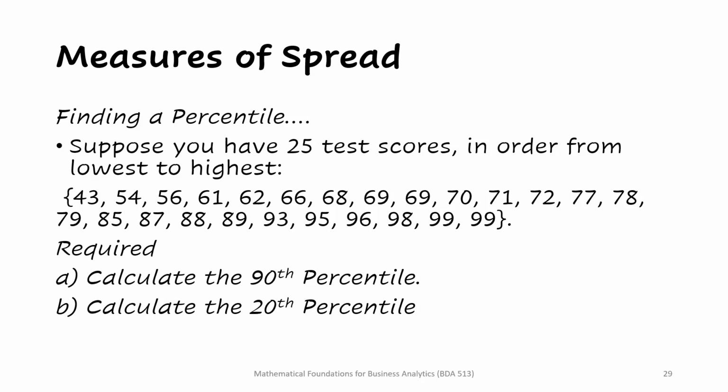So I found the IQR, which is 21, the difference. To find the outlier on the upper side, it is Q3 plus 1.5 times the IQR, which is 89 plus 1.5 times 21.